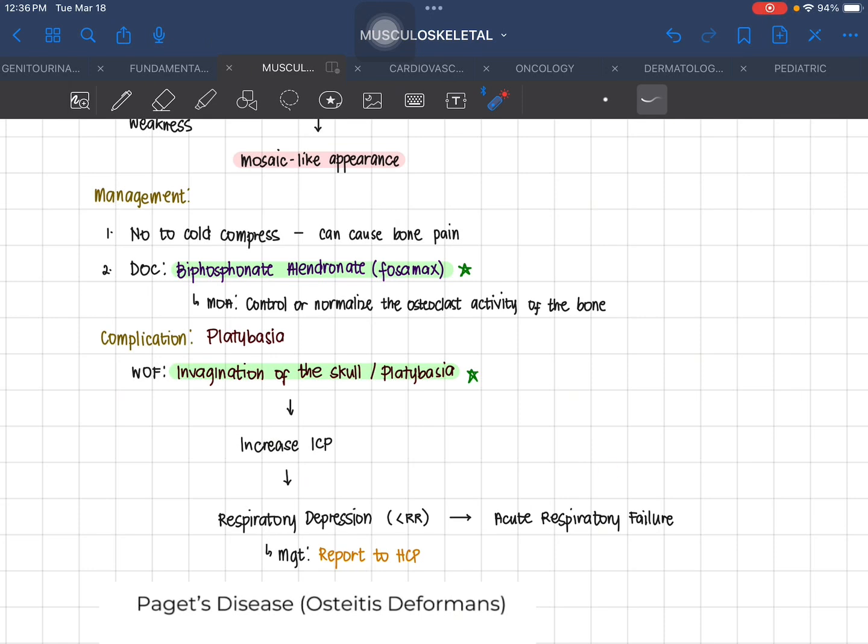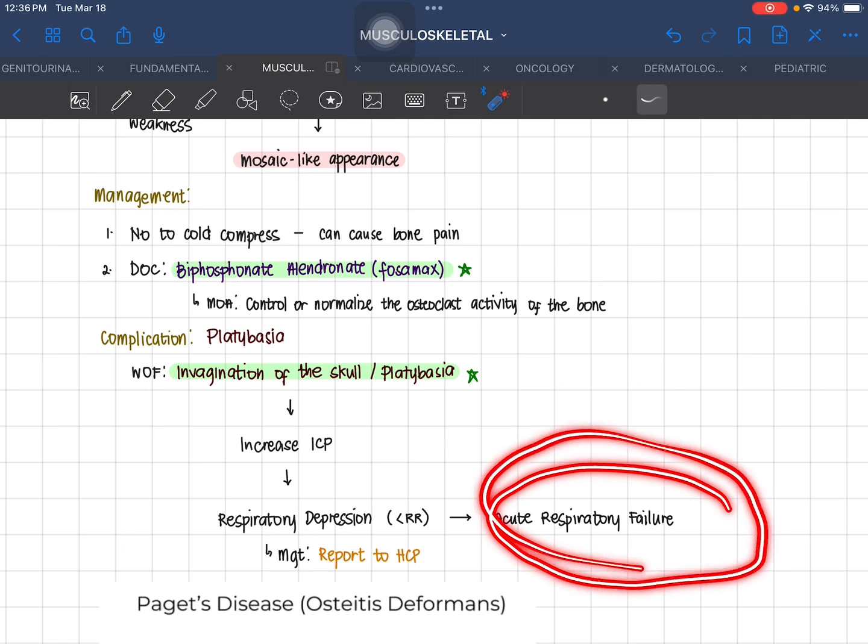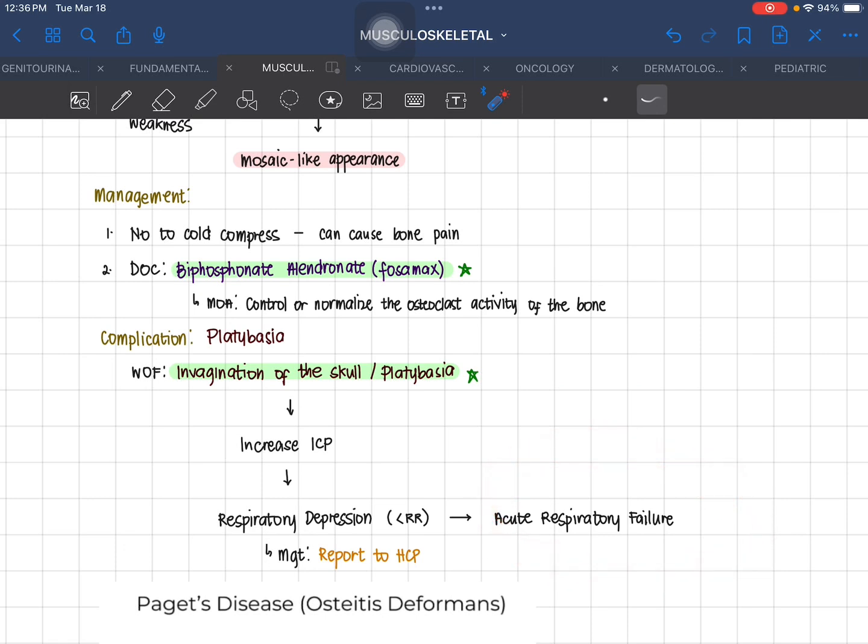Alam mo naman, na kapag nag-increase yung intracranial pressure mo, bababa ang RR mo, and worst, magkakaroon ka ng respiratory depression which can lead to acute respiratory failure. And syempre, ang management mo dyan, of course, to report to the healthcare provider.